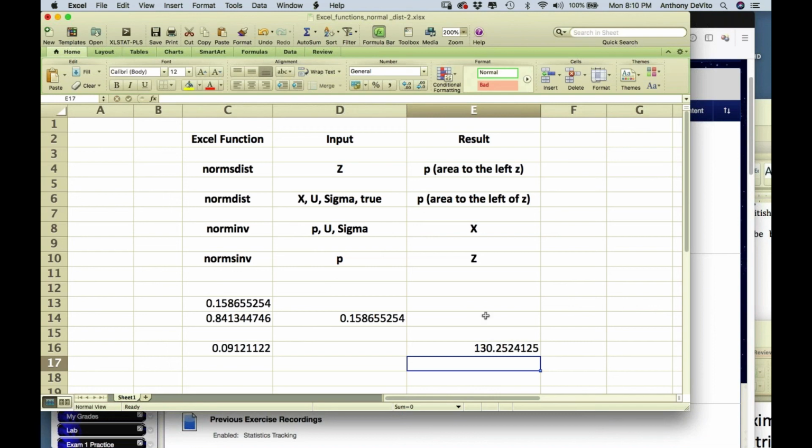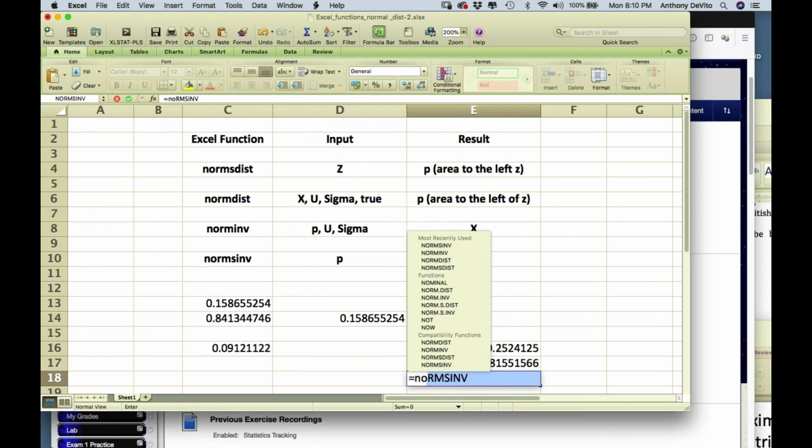And NORM.S.INV is simply, if I was going to do the same thing for that top 10%, I want to know what z-score would represent that top 10%, I could use equals NORM.S.INV, parentheses, and it just wants the probability, like the one we just did, 0.9. What is the z-score that represents 90% of the distribution below that point? And the z-score is 1.28, right?